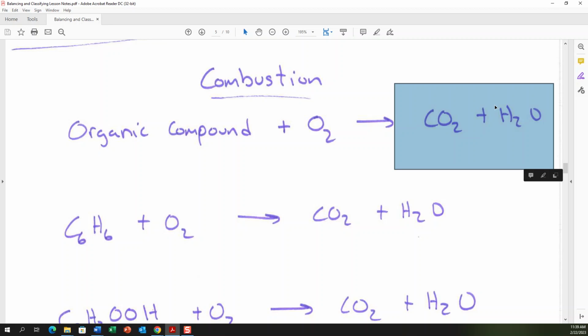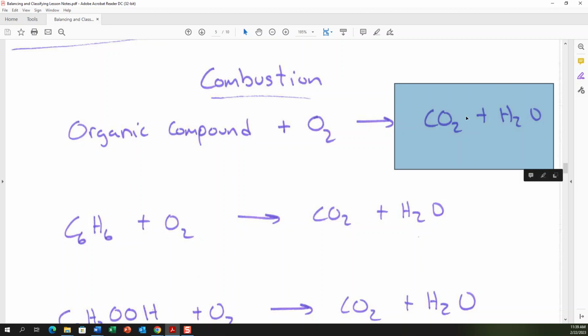If you have incomplete combustion, another byproduct is going to be carbon monoxide, right? That's why, if you're burning gasoline, you don't want to do it in a closed environment, because the burning of gasoline isn't complete combustion, it's incomplete combustion. So you don't just get CO2, you also get CO, and too much carbon monoxide can be deadly. So you want to watch out for that. But right now, we're just going to always assume complete combustion.